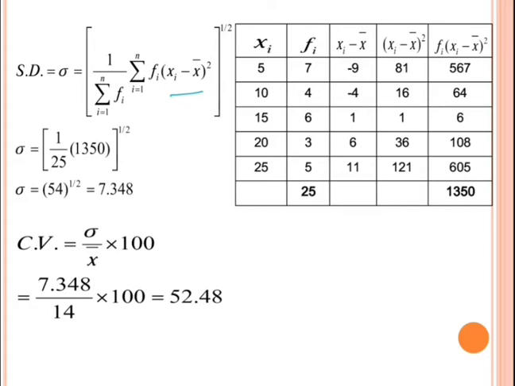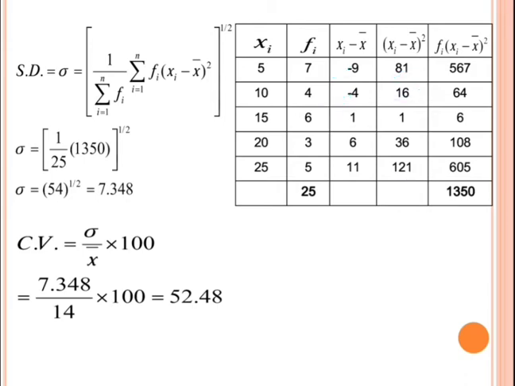So we will subtract 5 minus x bar, you get minus 9. X bar is 14. So 10 minus 14, that is minus 4. Similarly, we will do this for all the values. We will square these terms. Minus 9 square, that is 81. Minus 4 square, that is 16, and so on.